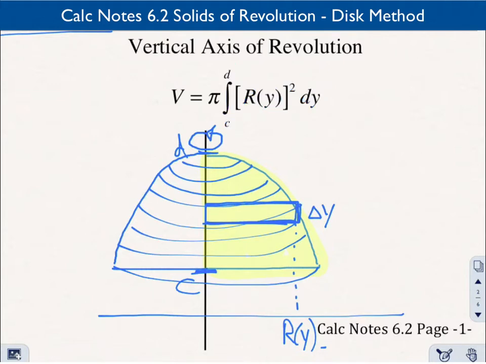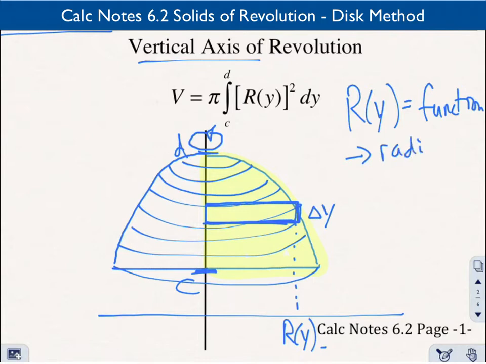Okay, so the big thing when you have a vertical axis of revolution is that r of y is a function where the radius is in terms of y.